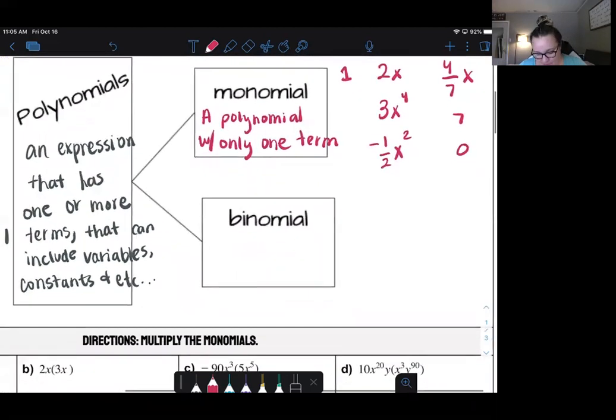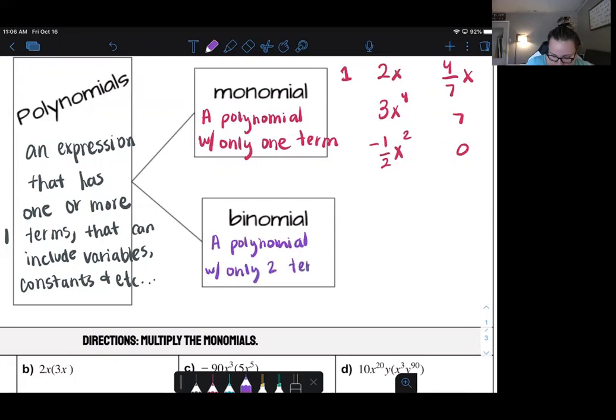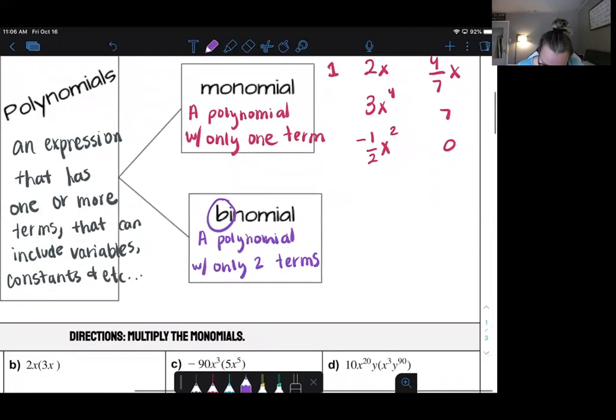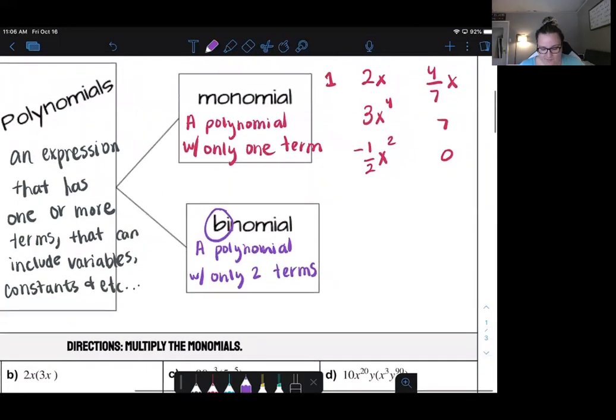A binomial, on the other hand, is a polynomial that has two terms, hence bi as the beginning of this word. So a polynomial with only two terms.